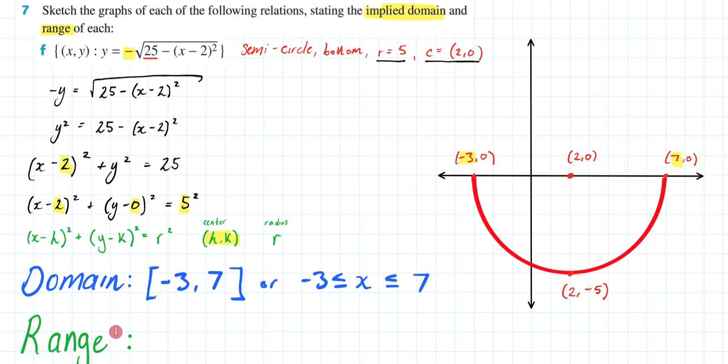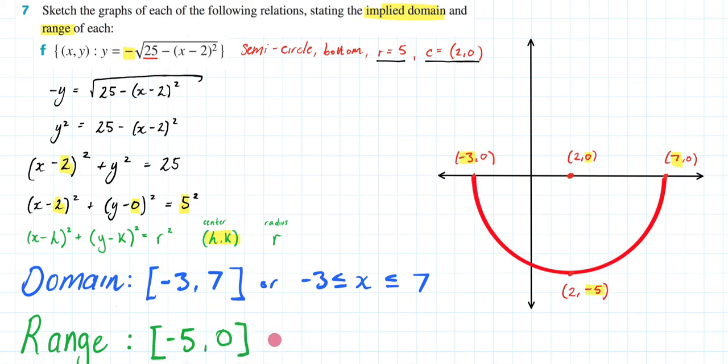Now I'm going to figure out what my range is. My range is going to be the set of all my y values. My lowest y value is going to be negative 5, and my highest y value is going to be 0. So I'm going to write down that my range is going to be from negative 5 to 0, and make sure you put square brackets.